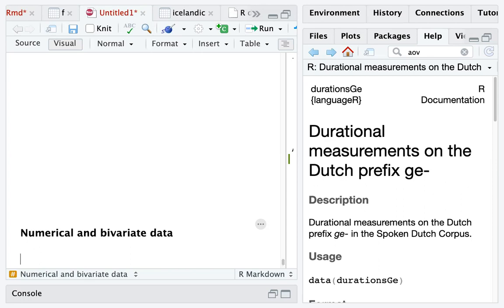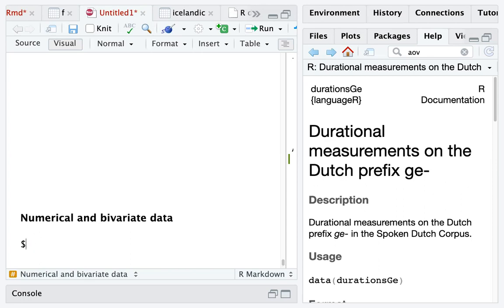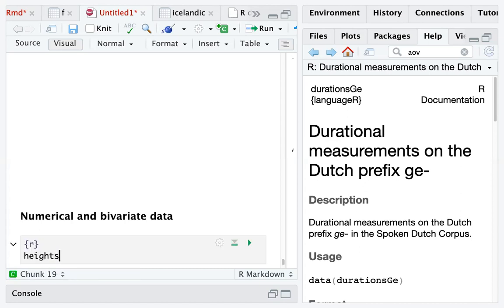For instance, a random normal distribution: we measured the height of 20 people.